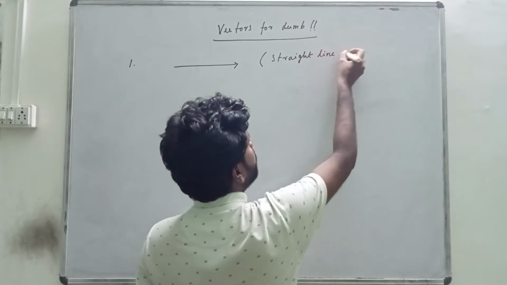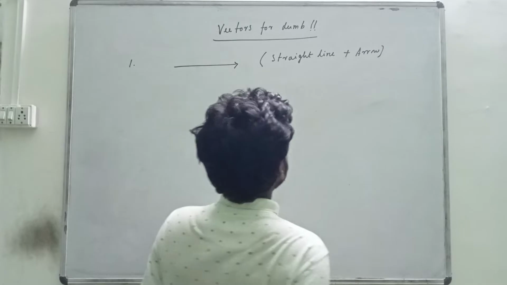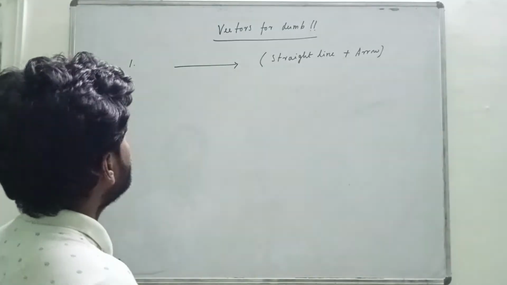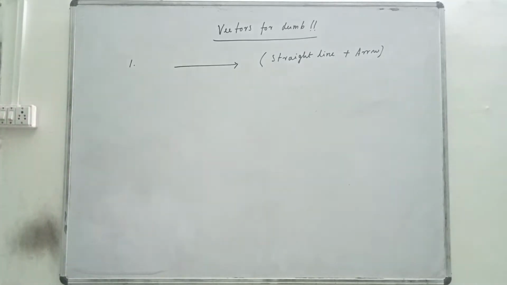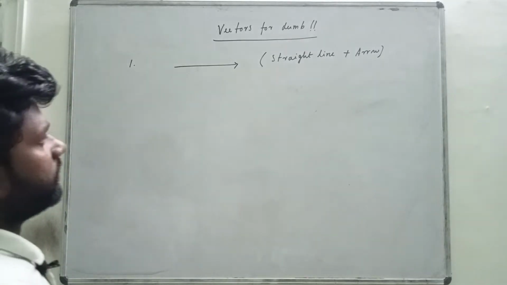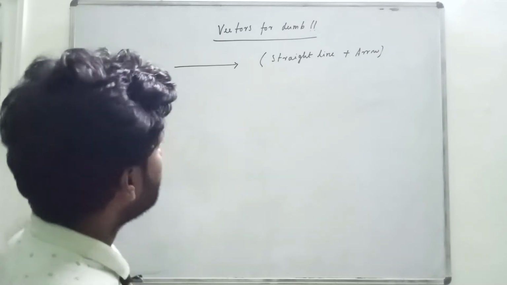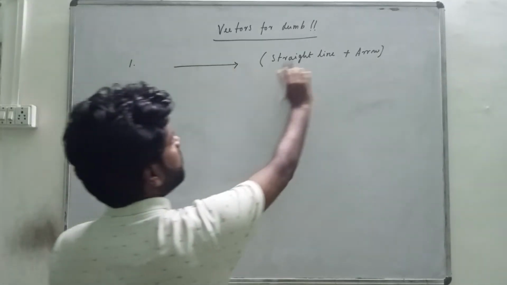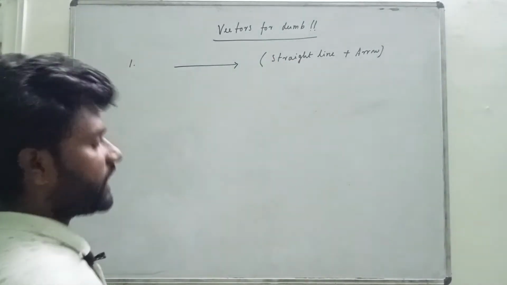The length of the straight line is the magnitude of the vector, and the arrow indicates the direction of the vector, right? So if it is directed east, then this vector is directed towards east.